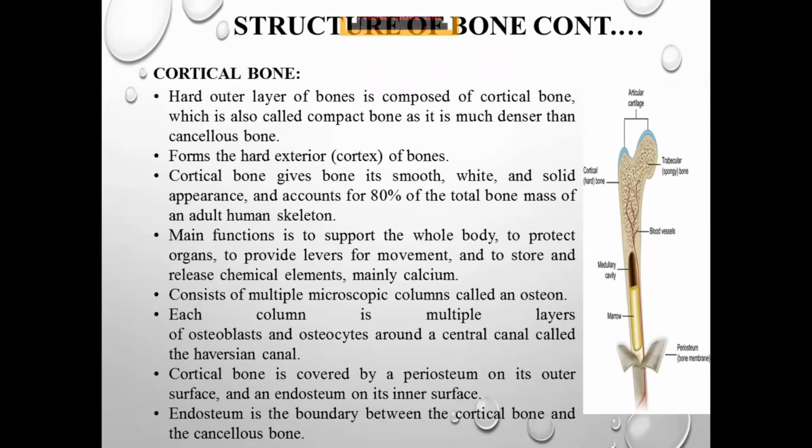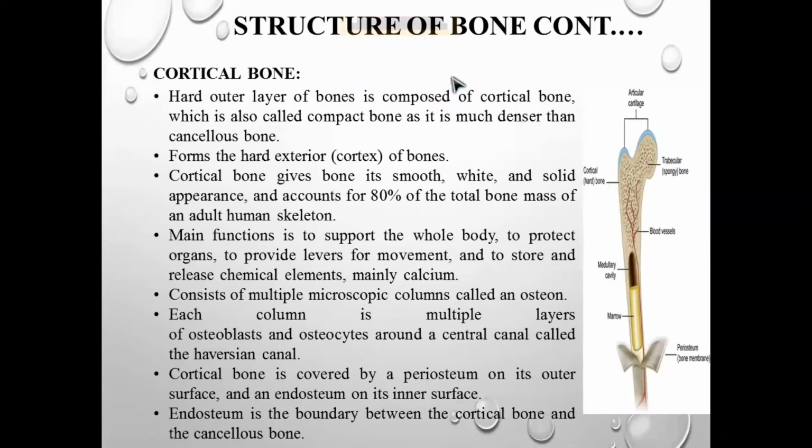So periosteum is nothing but the outer layer, which I showed here. Periosteum is going to be the outer layer of the bone, and endosteum is going to be the inner layer of the bone, which differentiates your cortical bone from your cancellous bone.